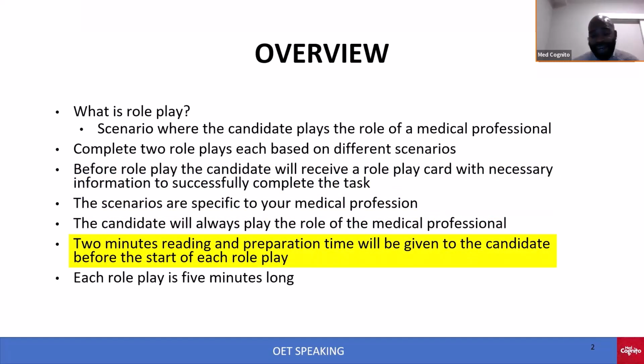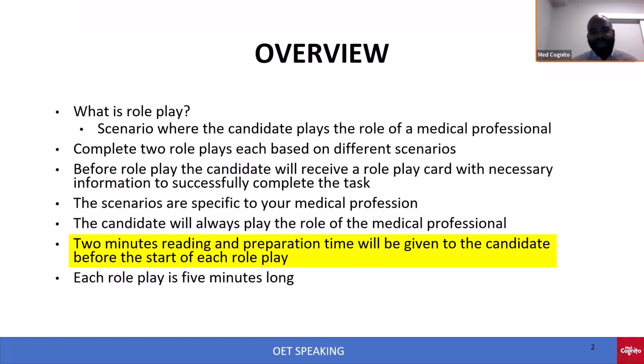Now, when you are given the card, you would have 2 minutes to read and to prepare to execute that task. I would state very clearly here, this probably is the best time that you will have, because once you start the role play, you will have to quickly go through the points. This 2 minutes prior to that is where you can prepare to execute a task efficiently and effectively.